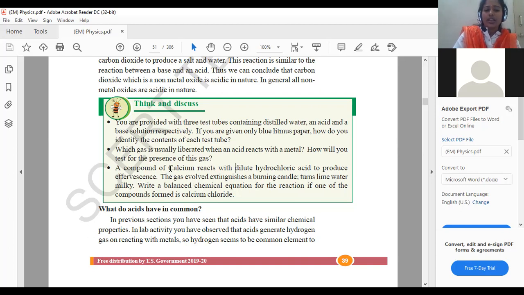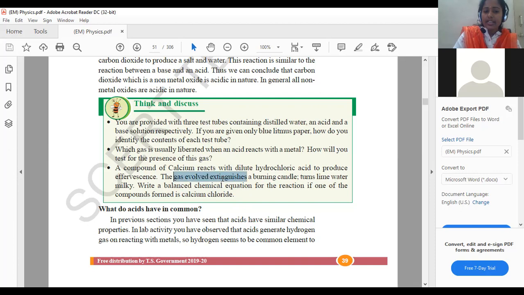So here we have to find out the starting material, because the product is mentioned: calcium chloride will be formed. First, we take a calcium compound and treat it with hydrochloric acid. Whenever hydrochloric acid is used, the formation of calcium chloride is possible.